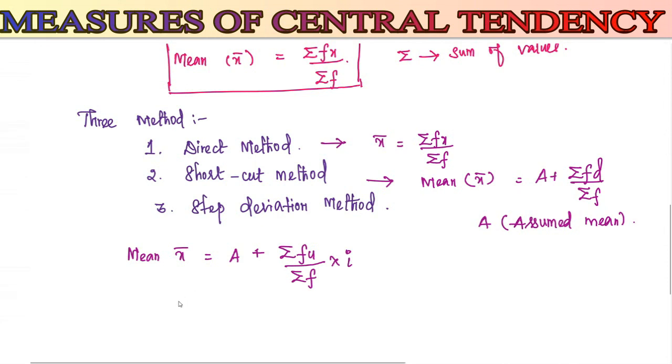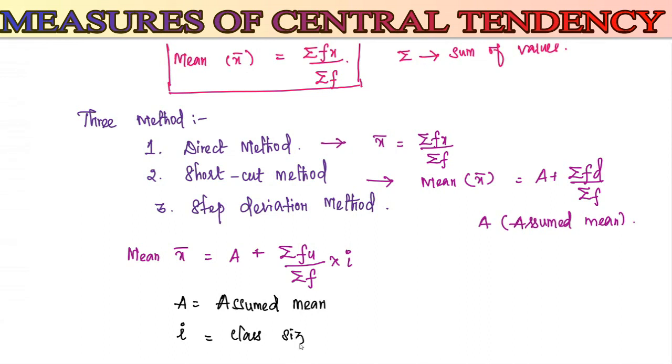Here a is the assumed mean, as already discussed in the second method, i stands for class size, and u is equal to x minus a divided by i.